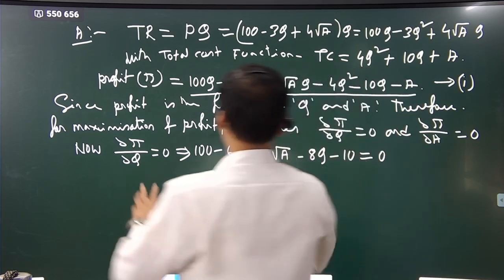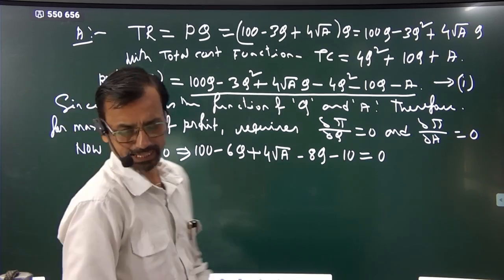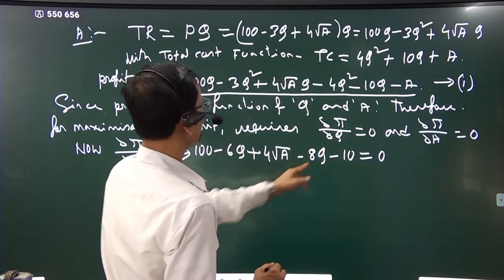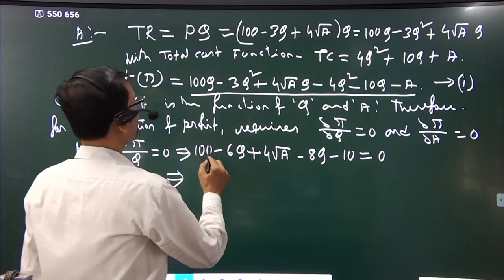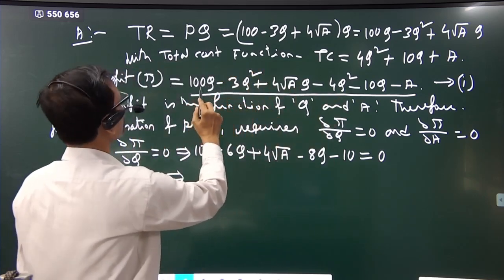After rearranging these equations, we ultimately get 108. Here the price function is 118, not 100.